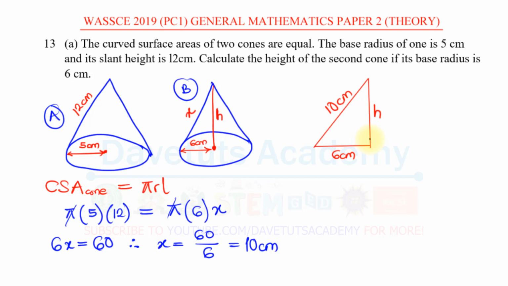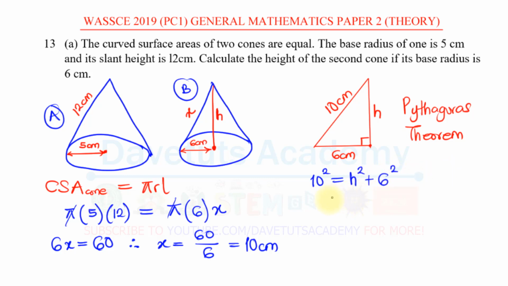Already you can see that this is a right angle triangle, and we can use the Pythagoras theorem to evaluate the value of h. From the Pythagoras theorem, we know that the square of the hypotenuse is equal to the square of the opposite plus the square of the adjacent.